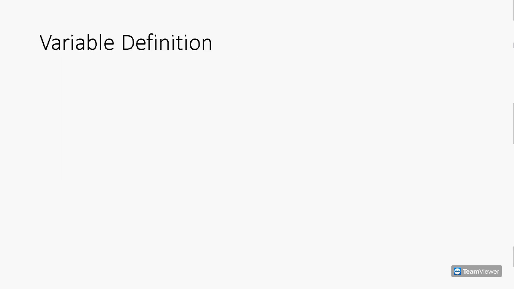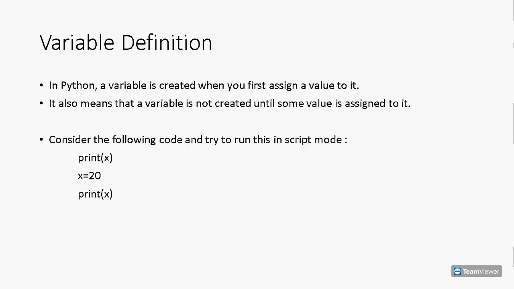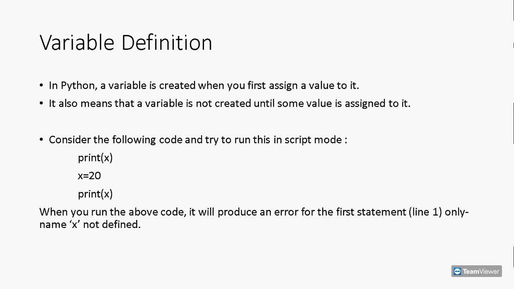Variable definition. In Python, a variable is created when you first assign a value to it. It also means that a variable is not created until some value is assigned to it. Consider the following code. Print x, x equal to 20, print x. When you run the above code, it will produce an error for the first statement, that is the line 1 only.